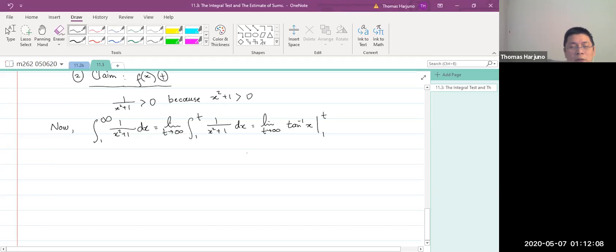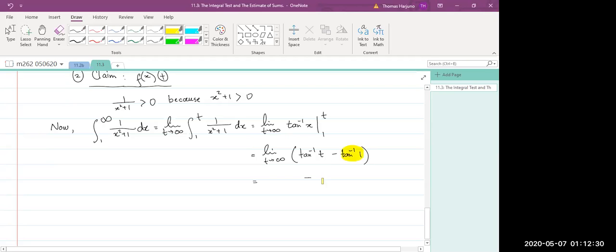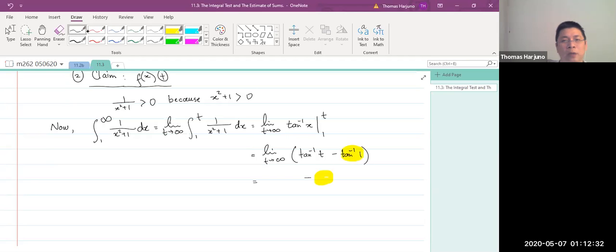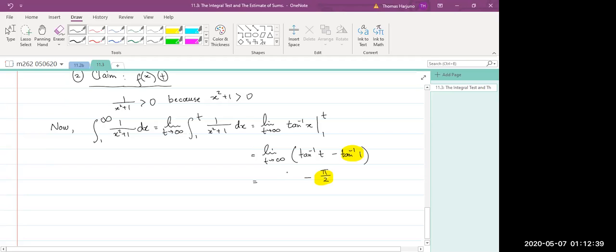So this is the limit as t goes to infinity of tangent inverse t minus tangent inverse 1. What is tangent inverse 1? Pi over 4. And how about tangent inverse infinity? Pi over 2.